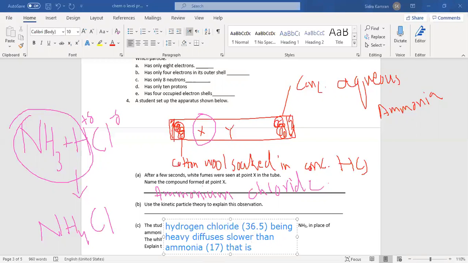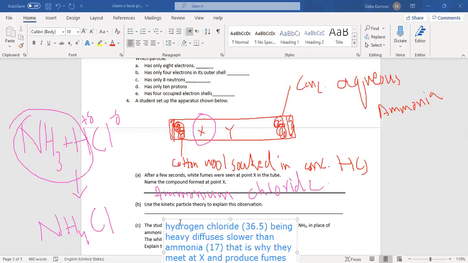That is why they meet at X and produce fumes of ammonium chloride.